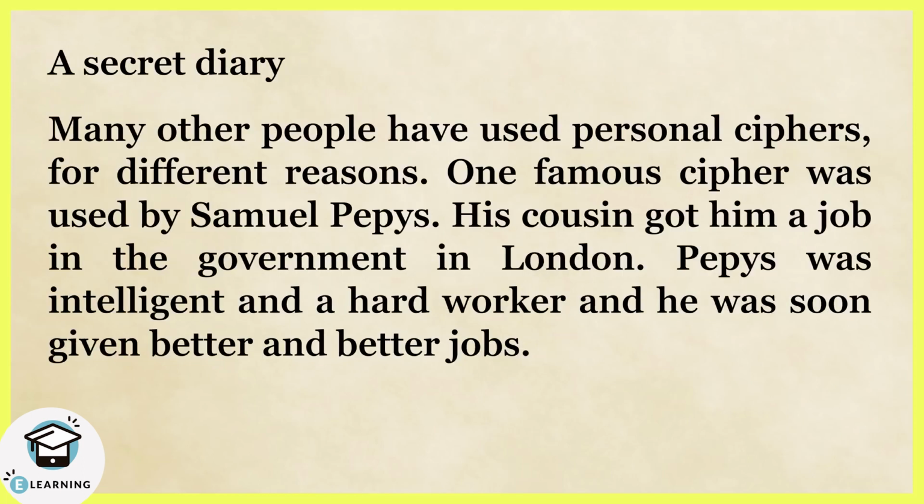A secret diary. Many other people have used personal ciphers for different reasons. One famous cipher was used by Samuel Pepys. His cousin got him a job in the government in London. Pepys was intelligent and a hard worker, and he was soon given better and better jobs.